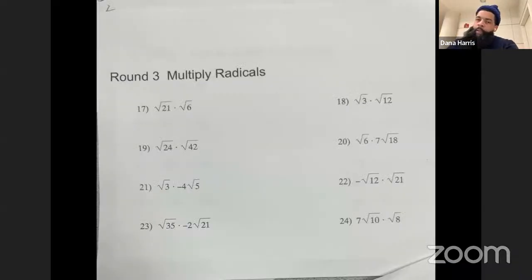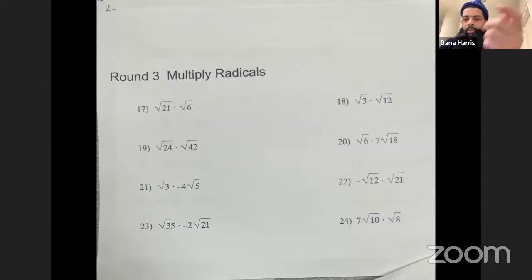We are going to, let me pull up the sheets for this. So we got this and this. All right, so now we're going to multiply radicals. And on this, I'm going to do my best.